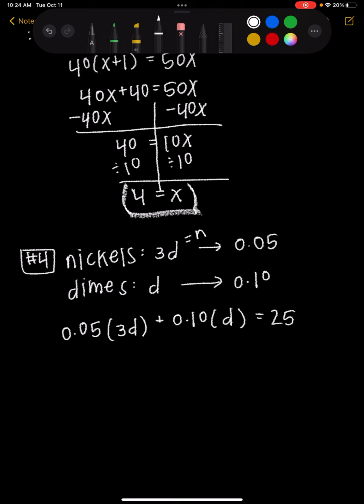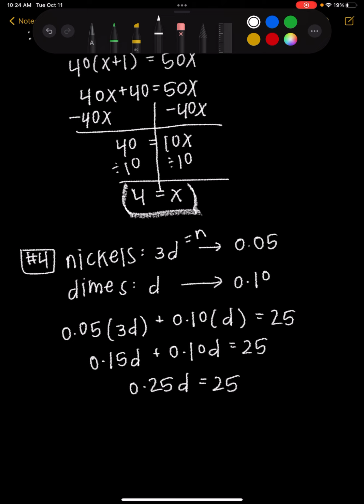So now I'm going to simplify and solve that for D. So we do 0.05 times 3D, which gives me 0.15D plus 0.10D equals 25. Then I'm going to add those two things together because they're like terms, they both have D's. So I'd get 0.25D equals 25.